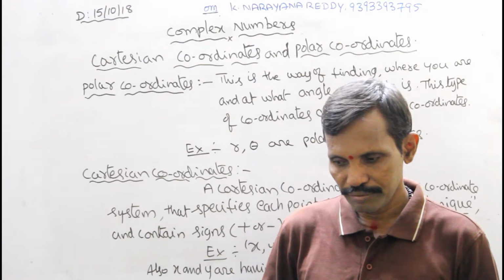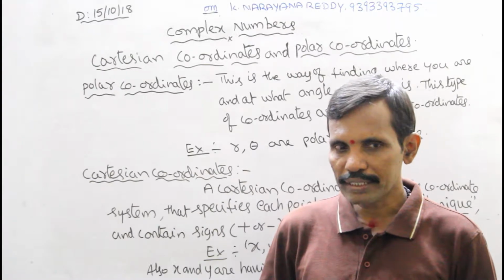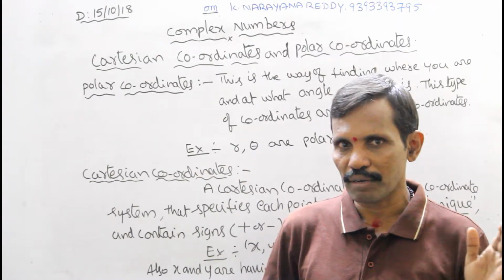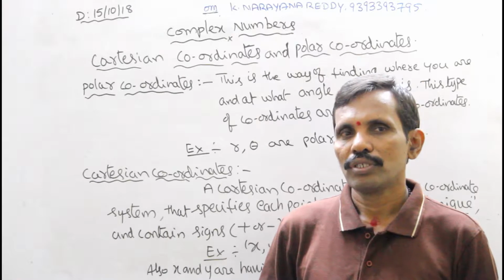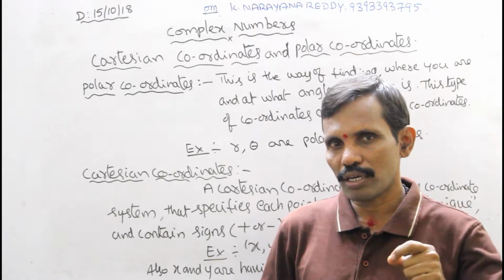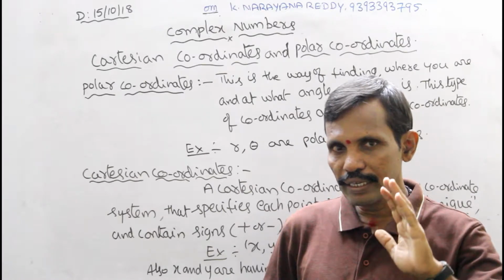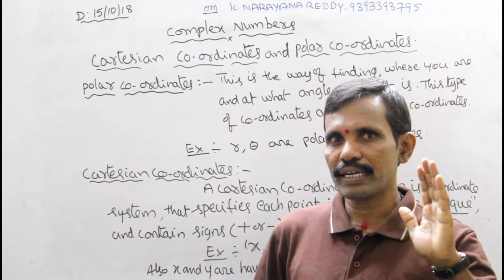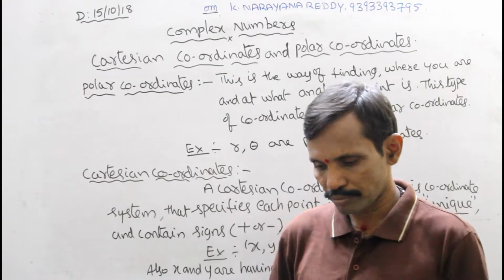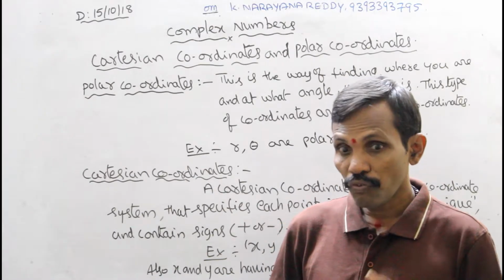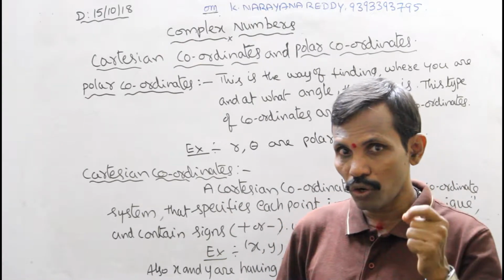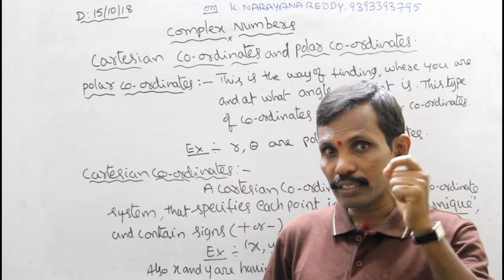Actually, complex numbers are different from other numbers. Complex numbers also belong to the number system, but there is a special category for complex numbers. For that purpose, we want to know about each and every point in complex numbers.